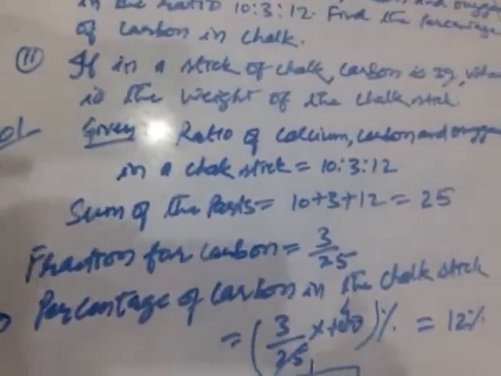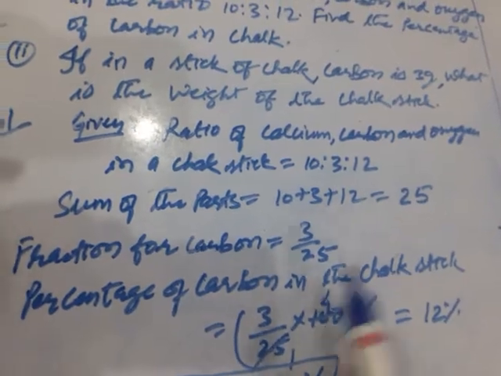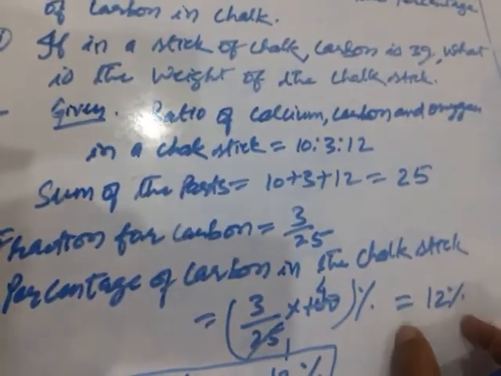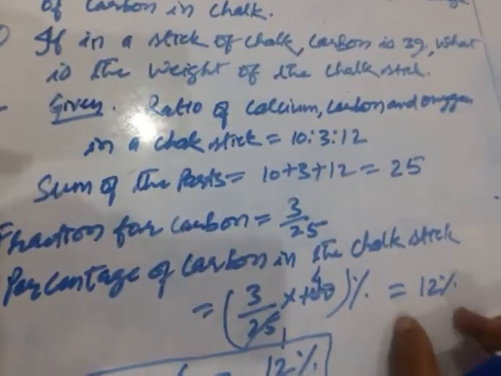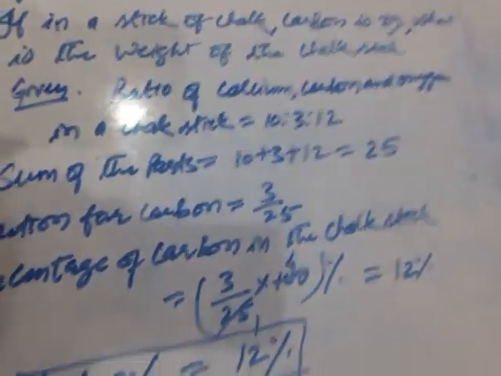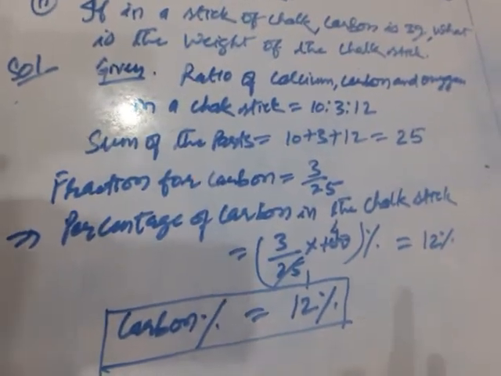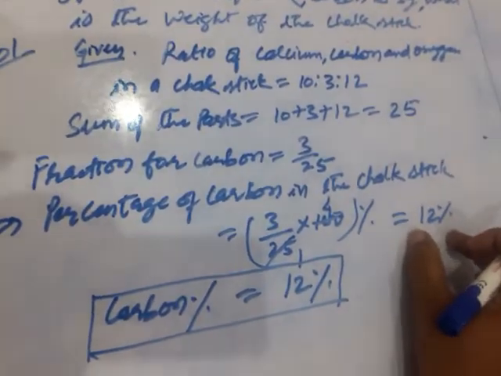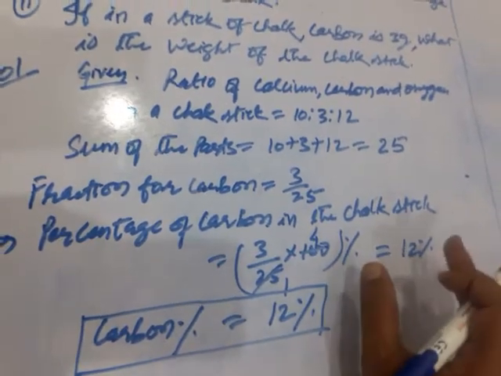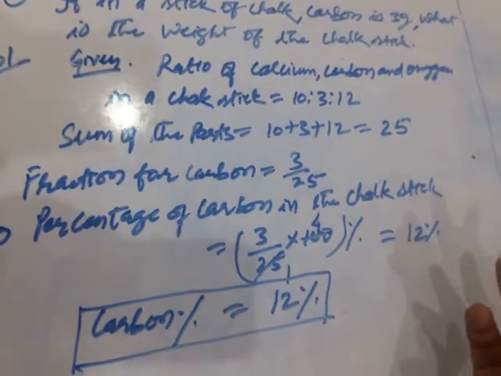Here it is important. If in a stick of chalk carbon is 3 gram, clear? Here see, in the first part we have found out that the percentage of carbon in a chalk stick is 12%. Okay, children. In the second question, it is given that this 12% that we have found out in part 1 is equal to 3 gram. Then what is the weight of the chalk stick?